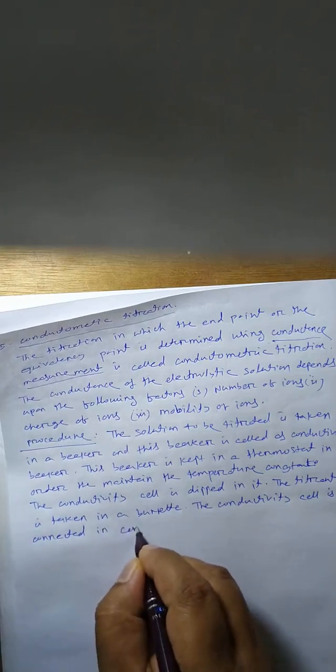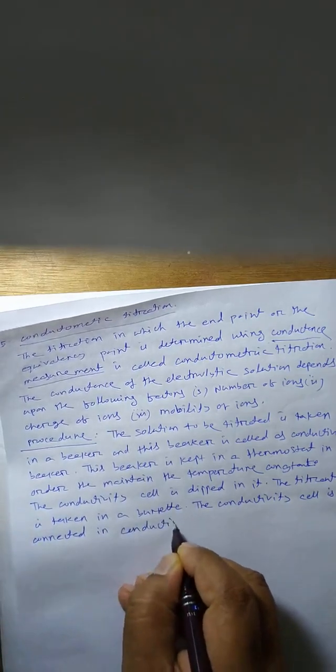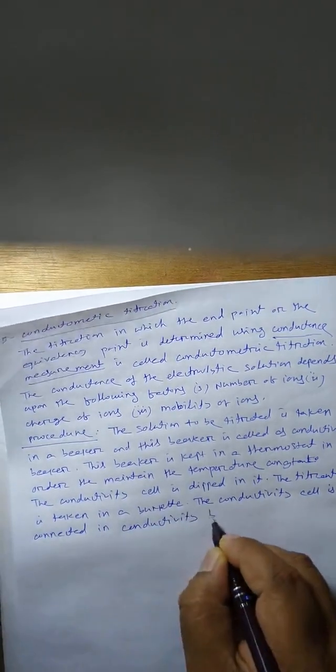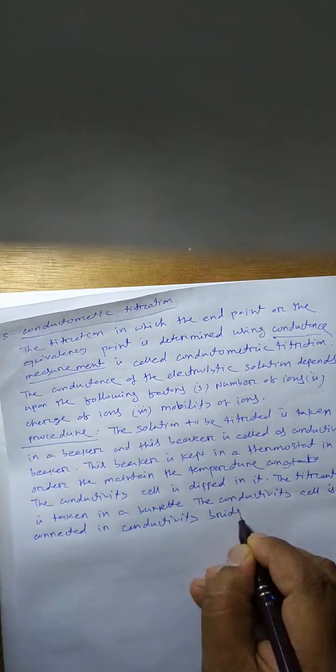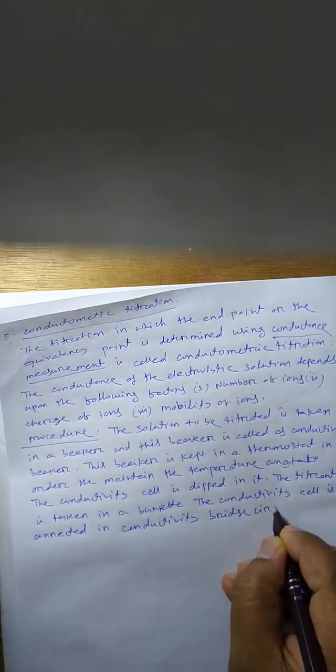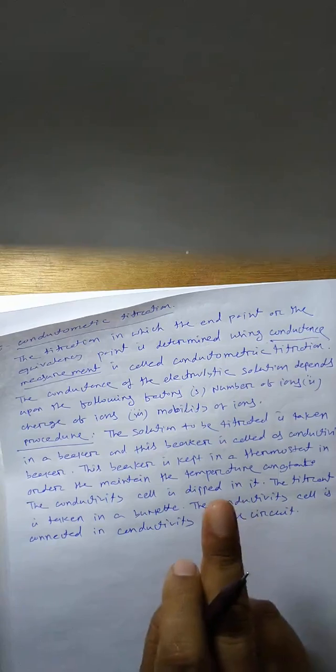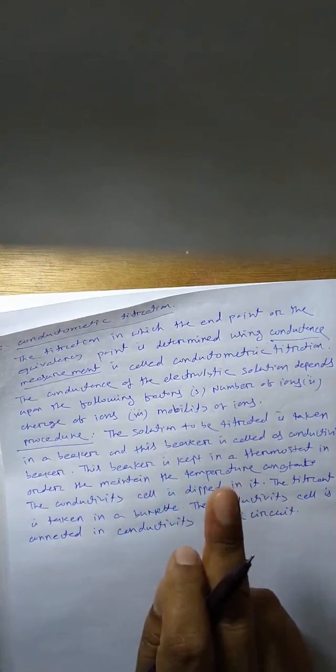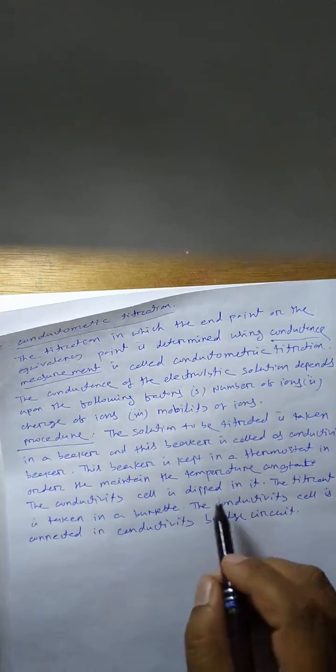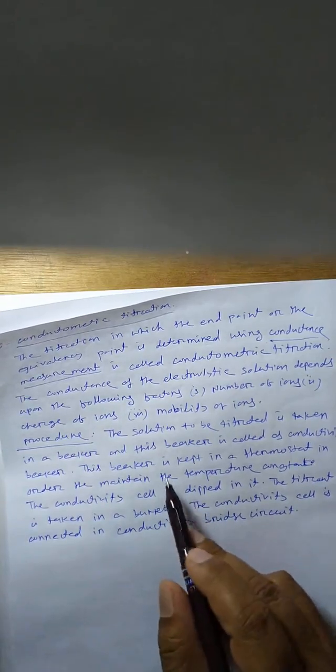The conductivity bridge circuit is where you note down the reading, where the display is. The electrode is called the conductivity cell. So the conductivity cell is connected with the conductivity bridge circuit.